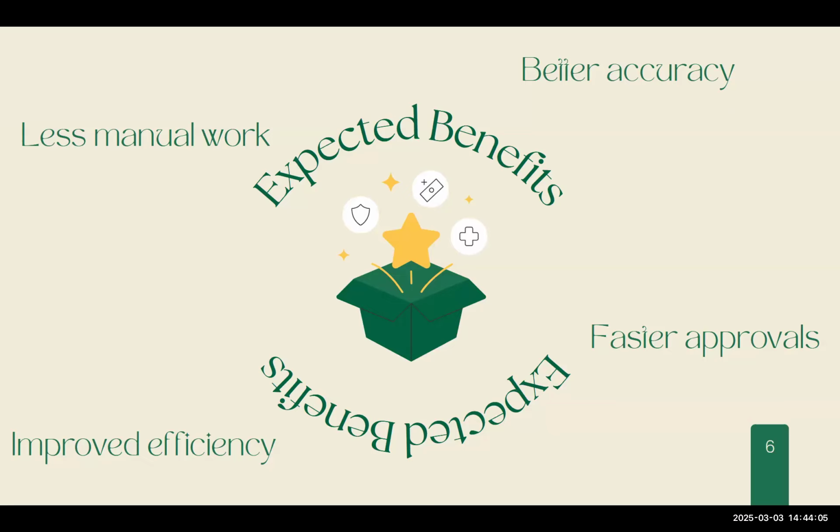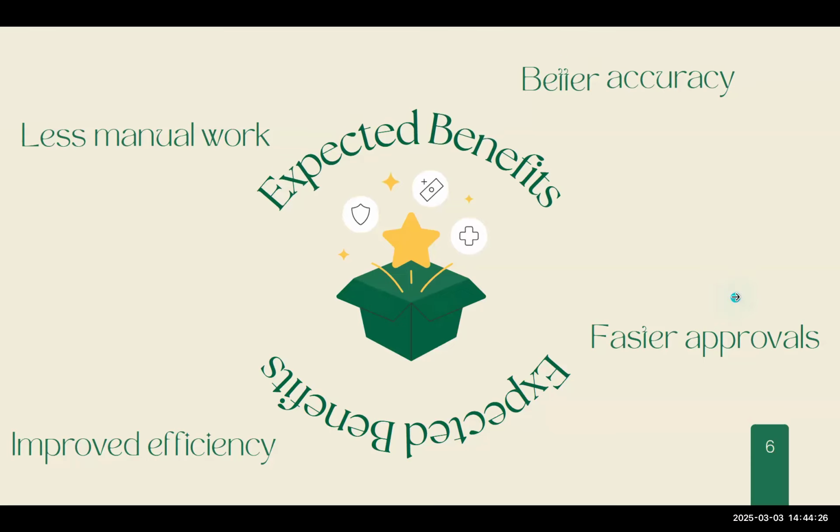With faster processing, efficiency is greatly enhanced, enabling us to complete tasks in less time. Lastly, automation speeds up the approval, allowing for quicker decision making and driving business growth. Overall, the automation leads to improved productivity and smoother operations.